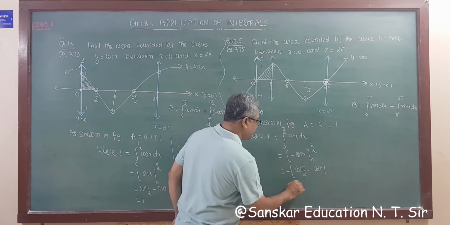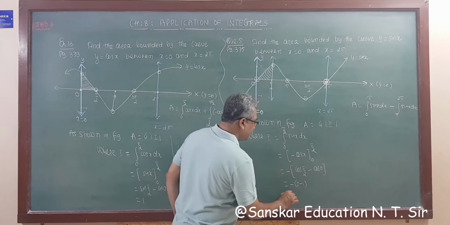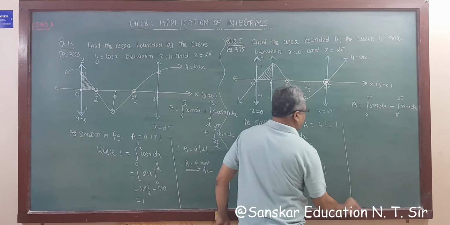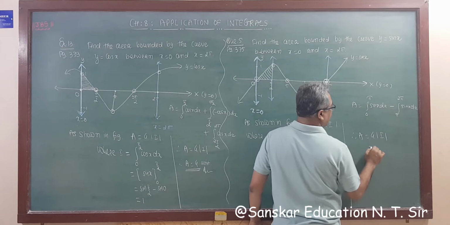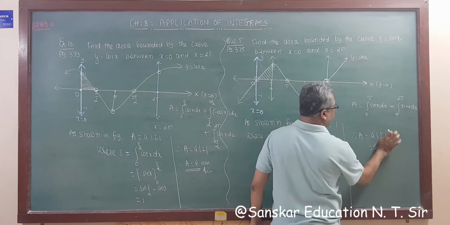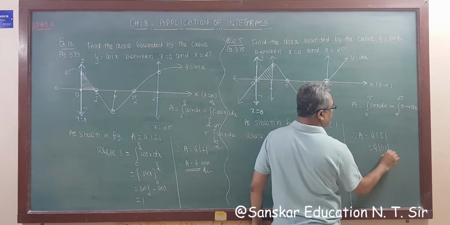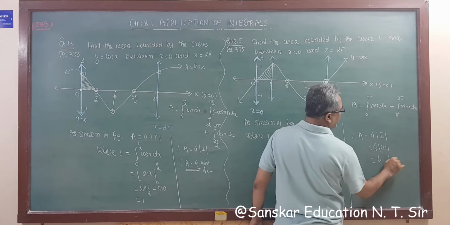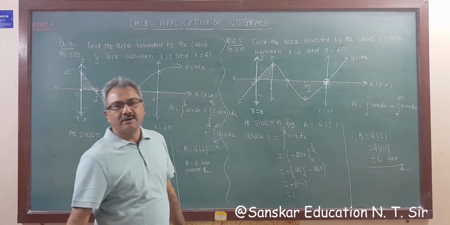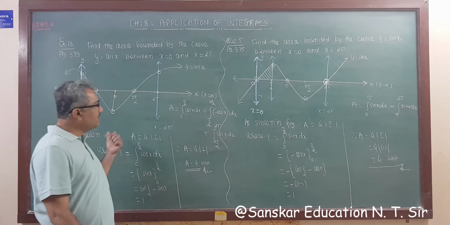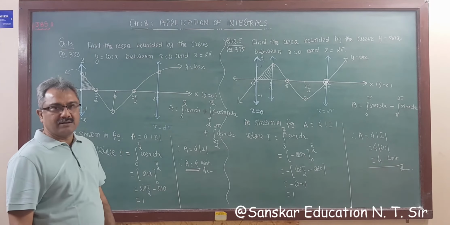So we get minus 0 minus 1, that is minus 1. So A is equal to 4 mod I, that is 4 into modulus of minus 1, that is 4 units, right? This is your answer. So in both examples we get the same answer, right?